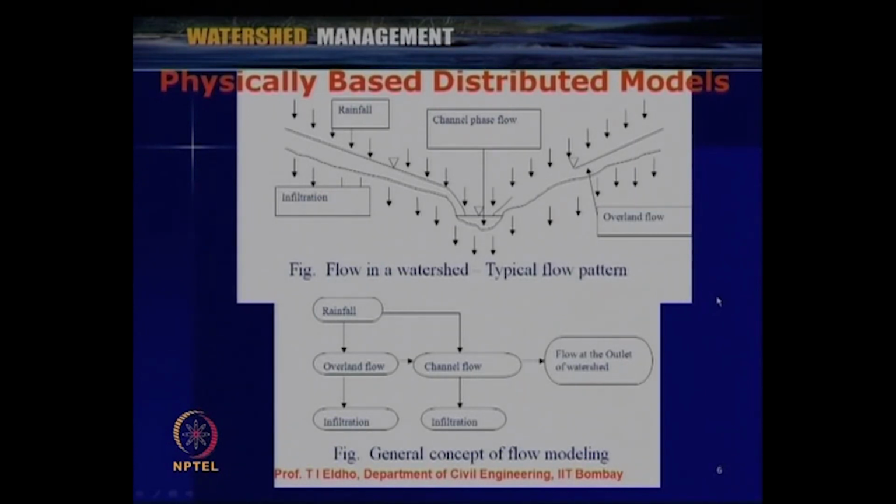The physically based distributed model needs a lot of data, and the modeling effort is very high, and even though the results may not be so good, it gives so much of the physics of the problem, so that we can easily understand what mechanism is taking place within the watershed when the rainfall runoff process is taking place. So, physically based distributed modeling is very important.